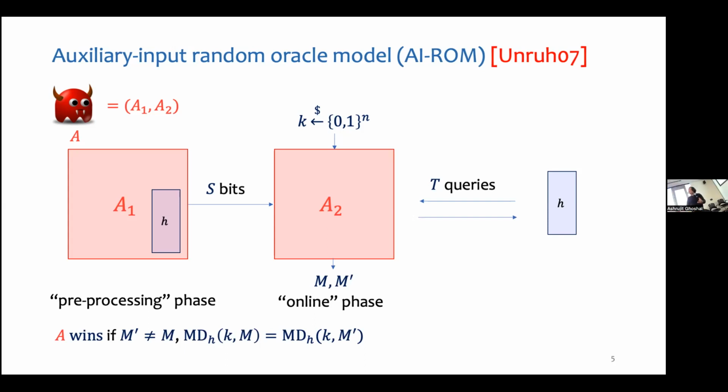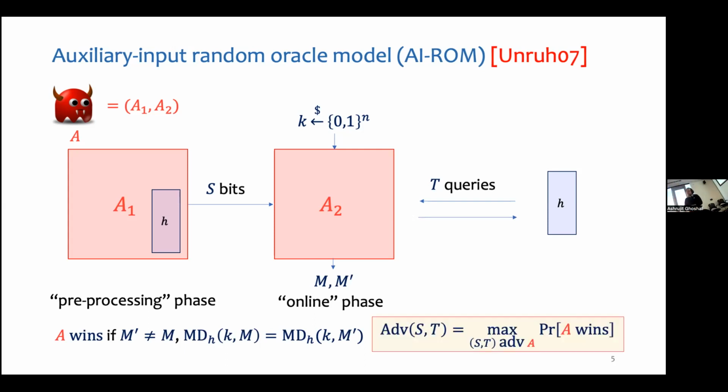We refer to such an adversary as an ST adversary, and define the advantage, parameterized by S and T, as the maximum probability achieved by such an ST adversary in winning this game. One thing I'd like to remark is that when we model an adversary in this manner, we make it extremely powerful, because the preprocessing phase has unbounded access to H, meaning it could do highly non-trivial things. So any impossibility results or limitations that we prove in this model are very strong results.